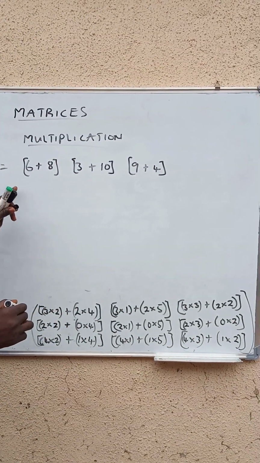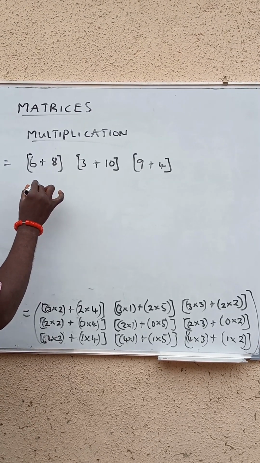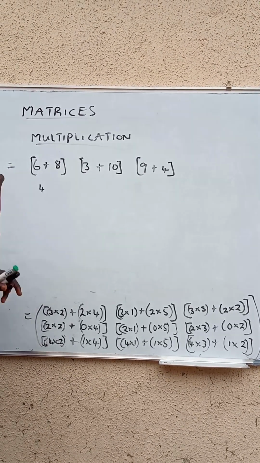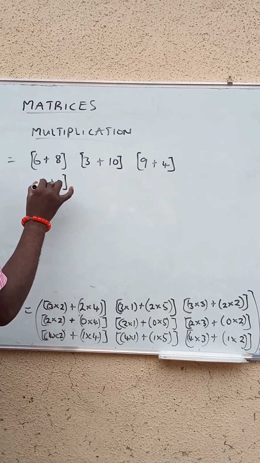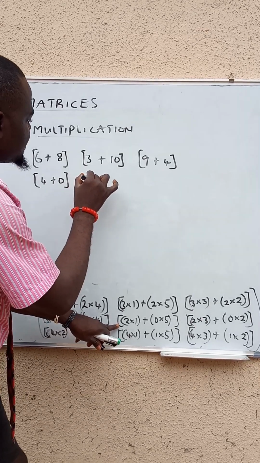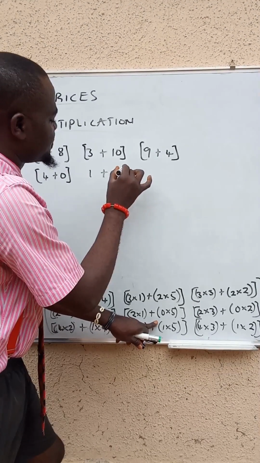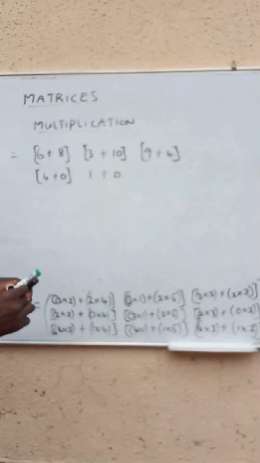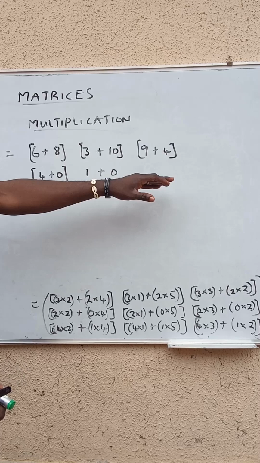Right? Now, 2 times 2 is 4, and 0 times 4 is 0. 2 times 1 is 2, and 0 times 5 is 0. We have done with this one.